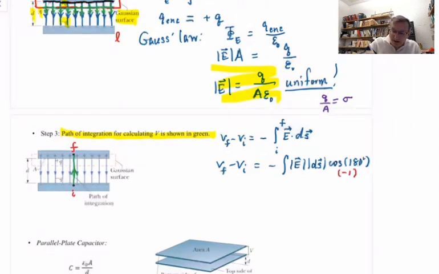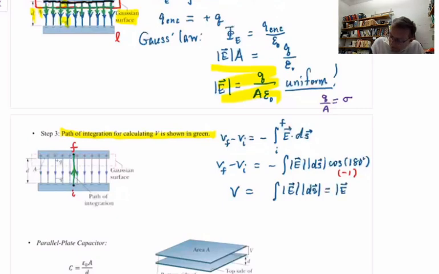So I have two negative signs multiplied together, which gives me a positive. And now we just call V final minus V initial the potential difference, V. So V now equals the integral of E, magnitude, ds. But E, magnitude, is uniform. You get to bring it out front.